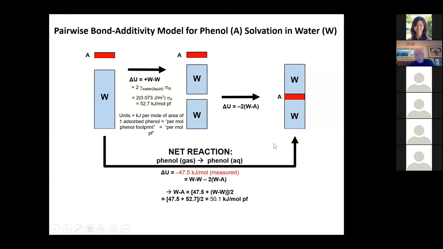Since we know this heat of solvation is about 47 and a half kilojoules per mole, we can extract out of this the strength of one of these water-phenol bonds, that is the binding energy per mole of phenol of liquid water to one face of the phenol, and that's about 50 kilojoules per mole.